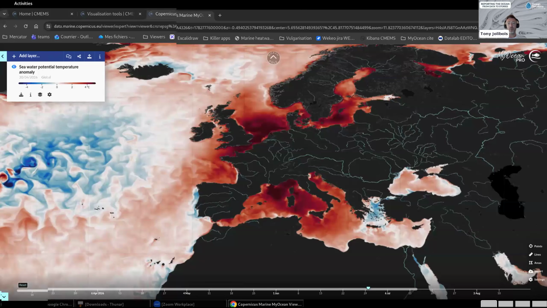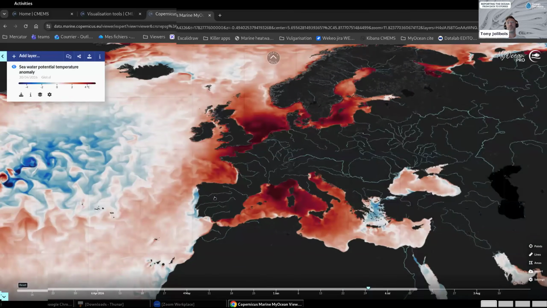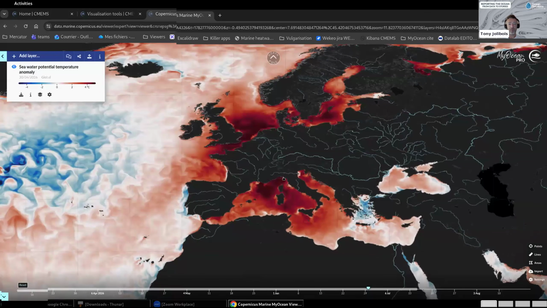So, what else can we do with this tool? Again, select the product that we want. We can export high resolution images and download the data. There was a question on this previously, so I will show you.